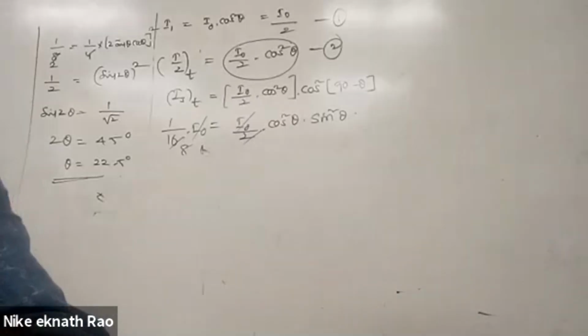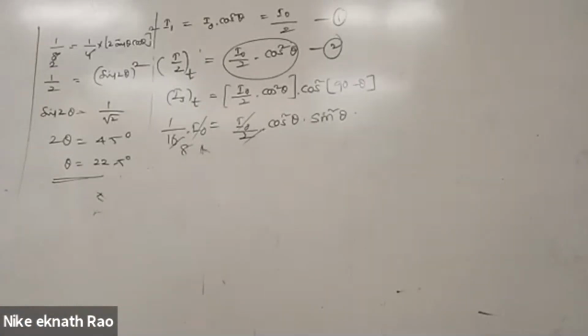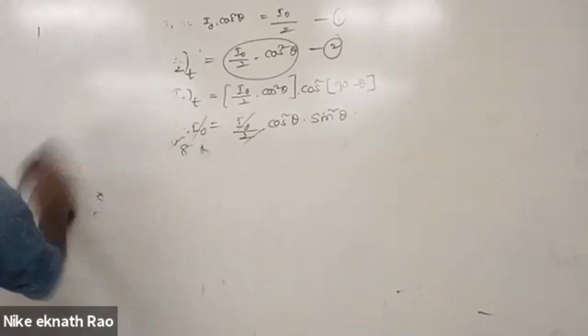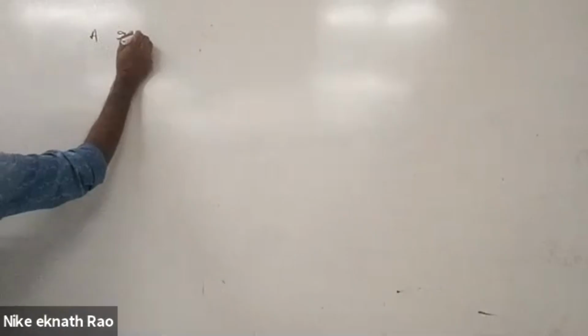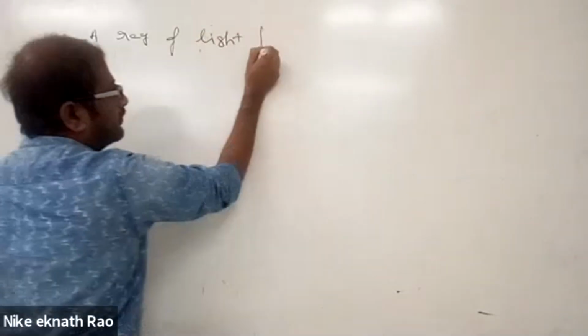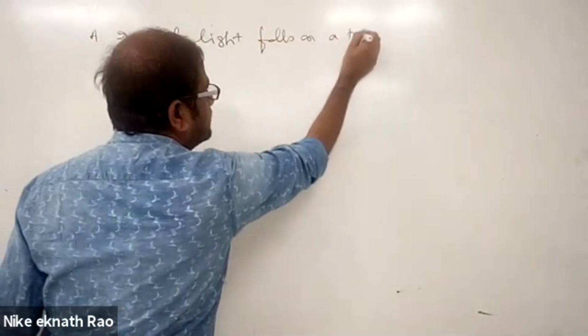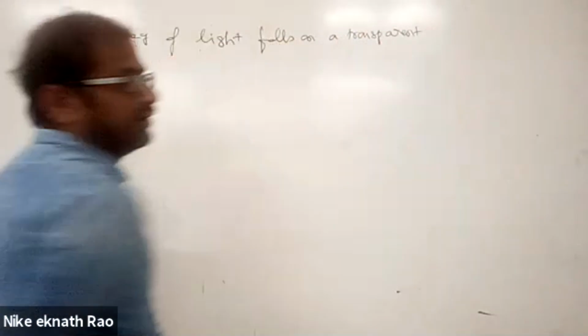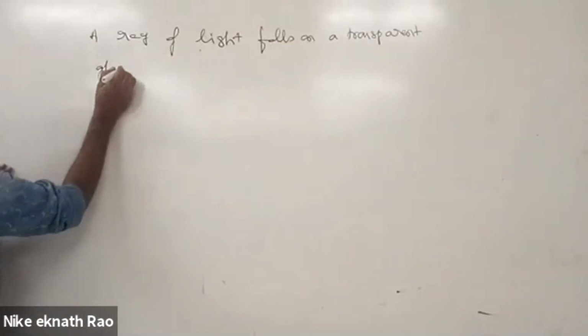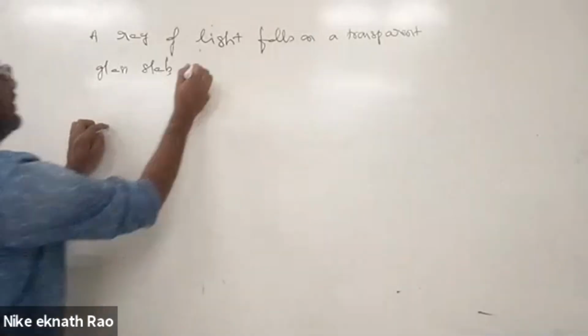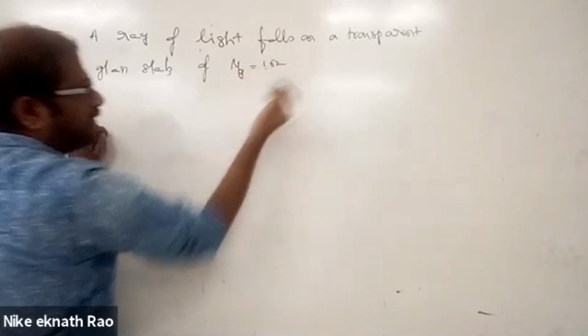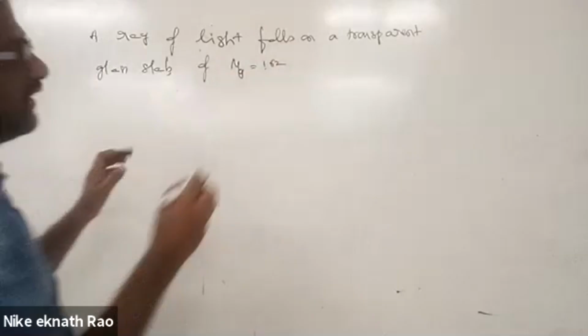One more question. A ray of light falls on a transparent glass slab of refractive index 1.62. This week's syllabus is ray optics and wave optics.